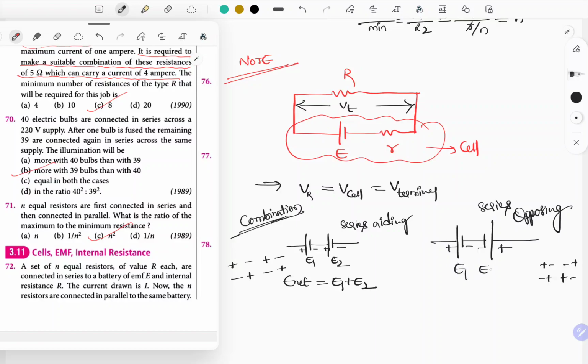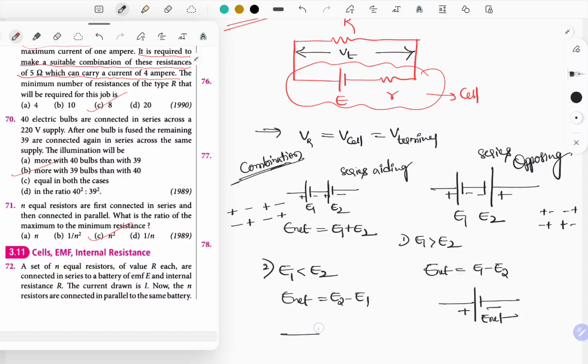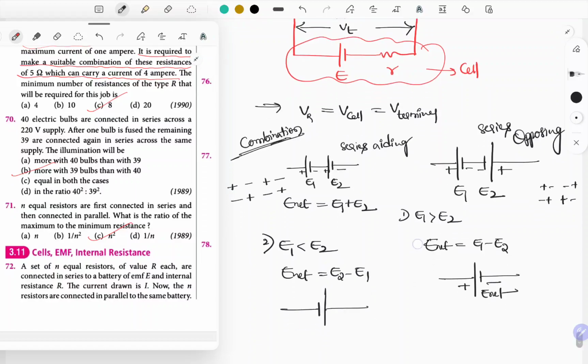Let's say this is E1 and this is E2. In this case, we have three different cases. One is E1 greater than E2. Then E net is equal to E1 minus E2, and we have to follow the E1 sign. This is the E net representation. The second case is if E1 is less than E2, again E net is equal to E2 minus E1, and we have to follow the E2 sign.